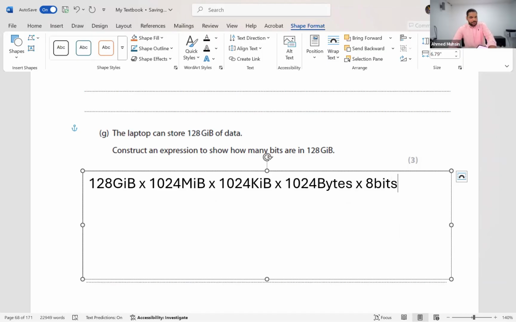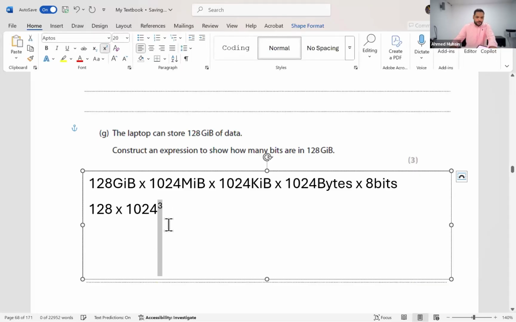Your answer like this is completely fine. Or you can go this way, 1024 cubed times 8. And it'll be good if you can put the unit at the end. Bits. Okay. Are we all good with this?